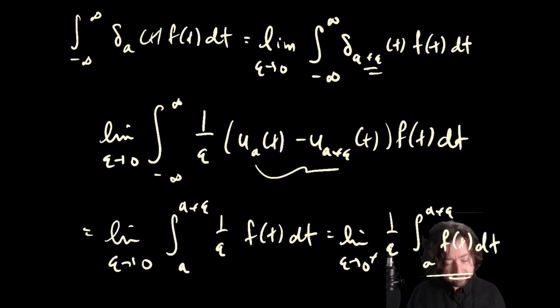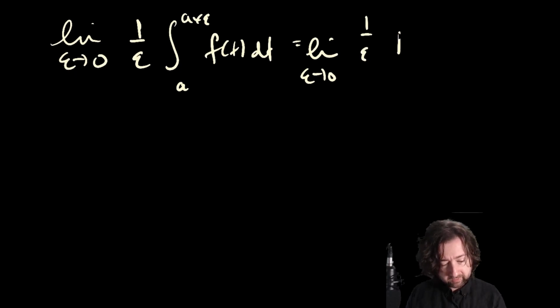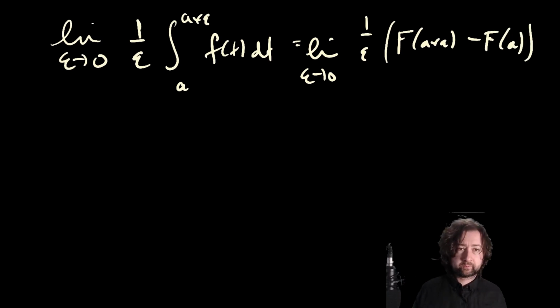But this statement is just saying take the antiderivative of f and plug in a plus epsilon and a. This is just the limit as epsilon goes to 0 of 1 over epsilon times capital F of a plus epsilon minus capital F of a. And that should make you suspicious.